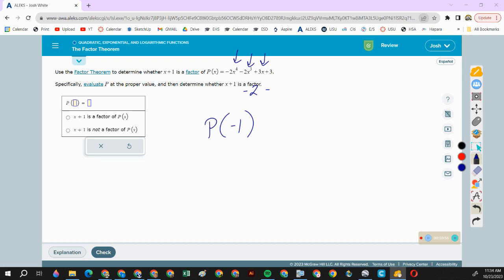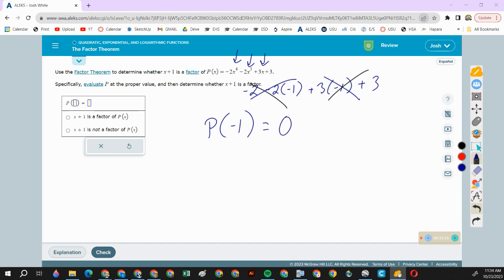Minus 2 times negative 1 to the 3rd, which is negative 1. Those cancel, and those cancel, and I get 0.